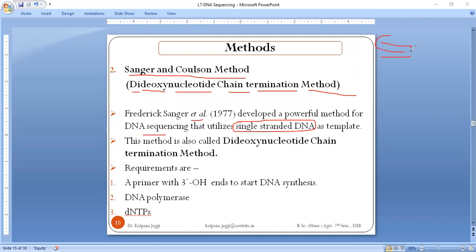Here, only a single strand of DNA is required, and this is called the template. Template means it has the information and from it other copies will be synthesized. And here three basic requirements are: one primer, one enzyme, and of course dNTPs.